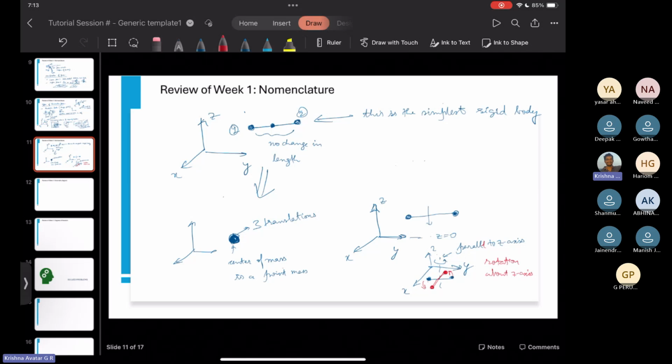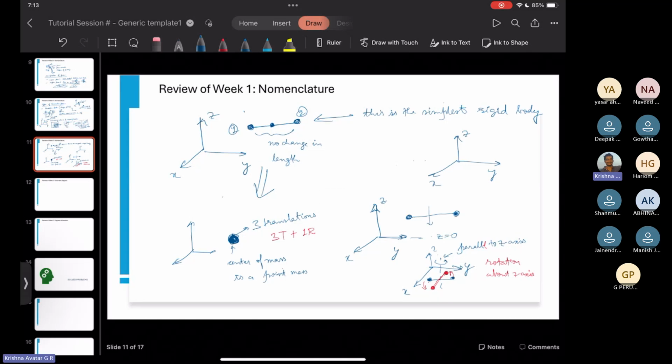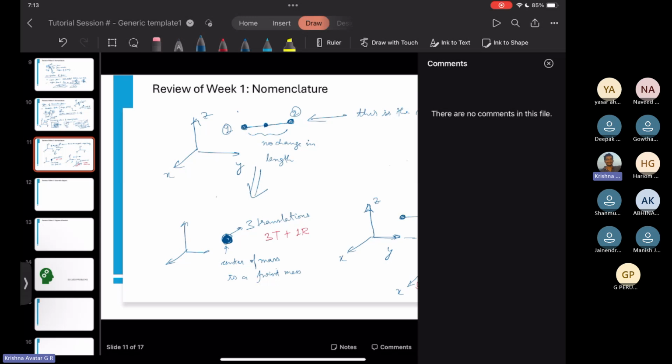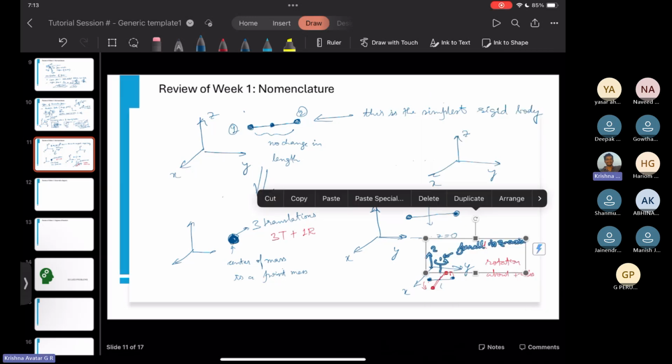So now we are able to have 3 translations. I'll just call it 3T plus 1R. Now, since we have so much freedom with these 2 points connected by this line, why can't we have something like this? Say X, Y, Z again, and consider both these masses to be something like this.